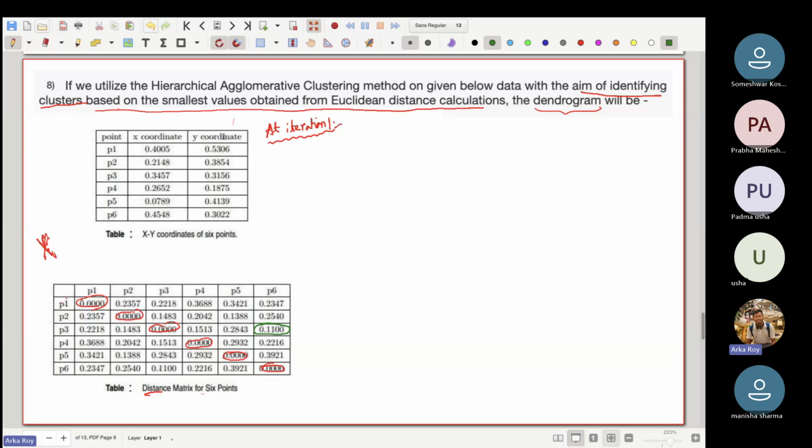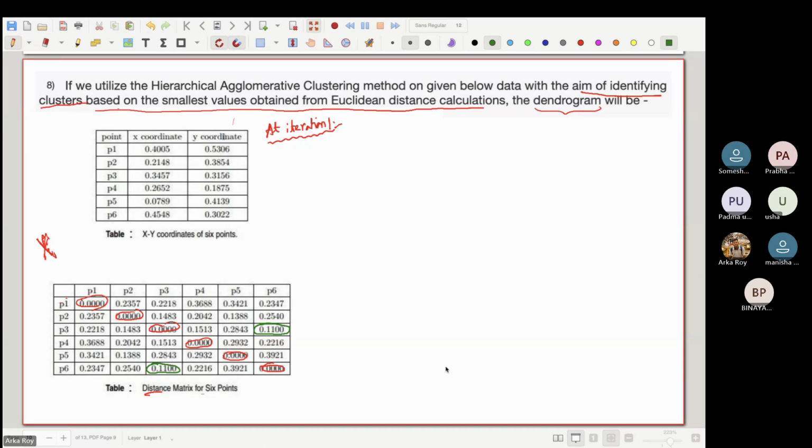So again, P6 to P3. This is the lowest value inside this matrix.